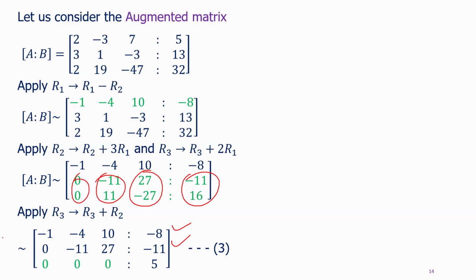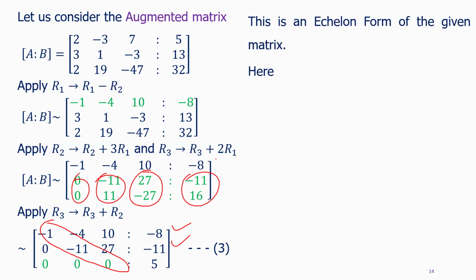Now just look here. What is the main diagonal? This is the main diagonal. Below the main diagonal, all elements are 0, so this is the echelon form of the given matrix. Now we want to find the rank of the augmented matrix and the rank of the coefficient matrix.